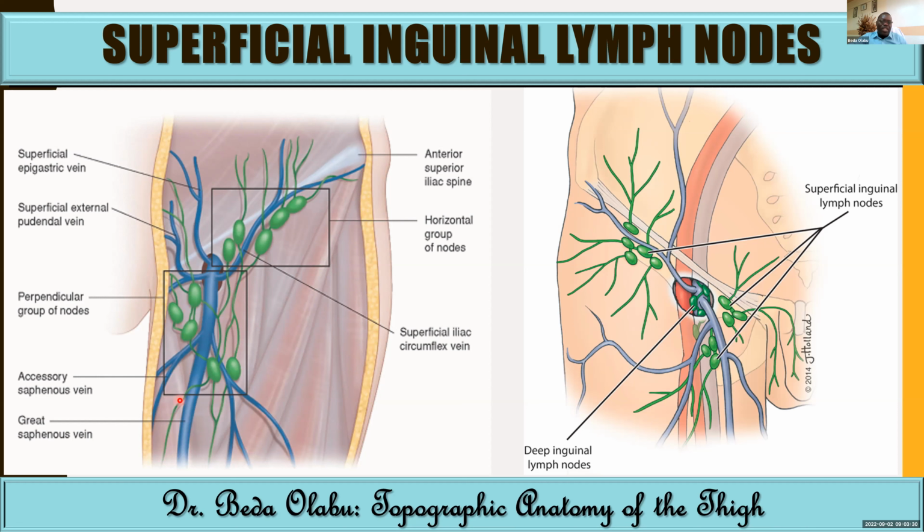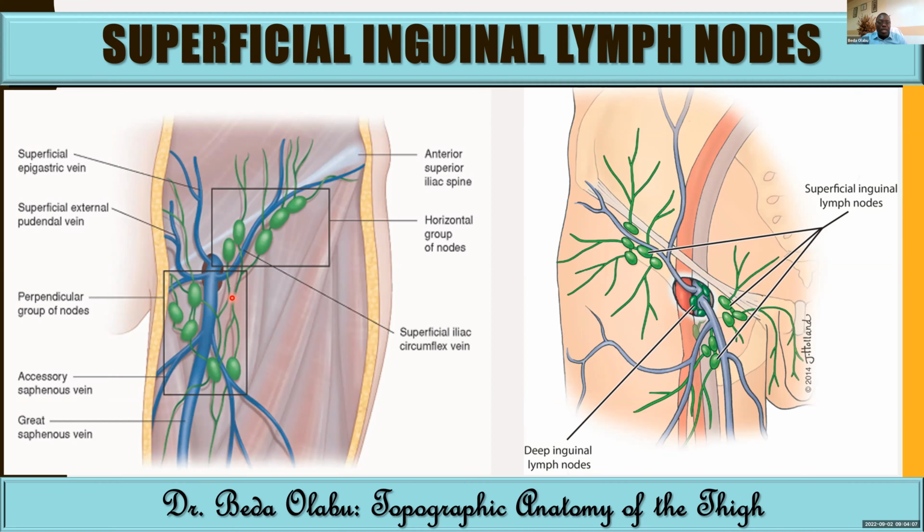The ones which are along the termination of the great saphenous vein are the ones which drain the lymph that were accompanying the great saphenous vein. Having looked at the territory of the great saphenous vein as being the middle aspect of the foot, middle aspect of the knee, middle aspect of the leg, middle aspect of the thigh, the lymph nodes in this vertical group also drain all that territory.